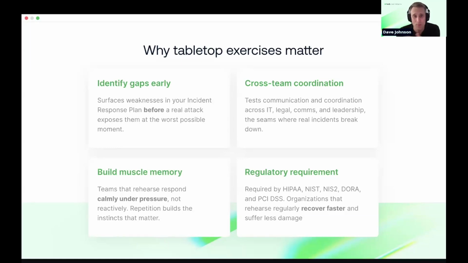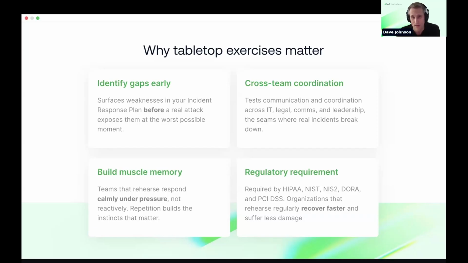You can think tabletops are purely technical, and this is how I started. Like, do we have this technical capability or do we not? That's not the only type of gap you should be worried about. At my last place, it was in consulting, and you focus really on people, process, and technology. So not everything is a technical gap.